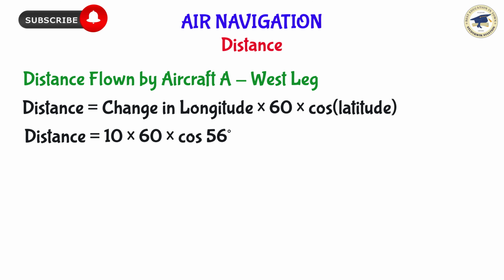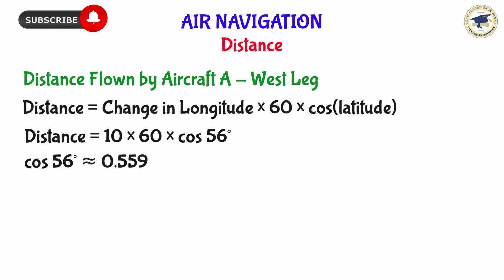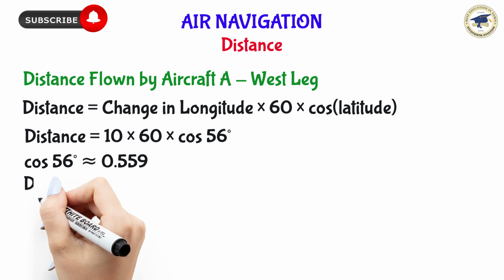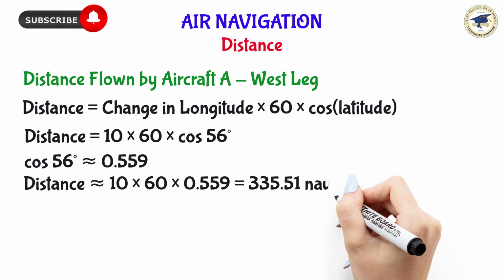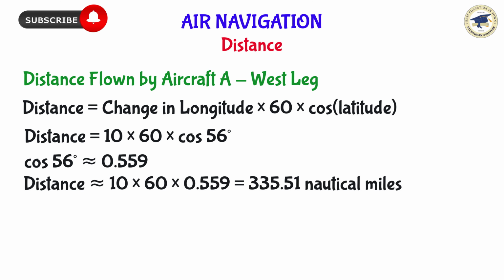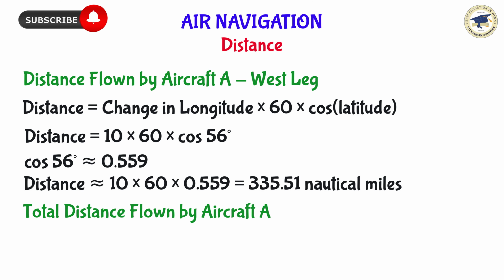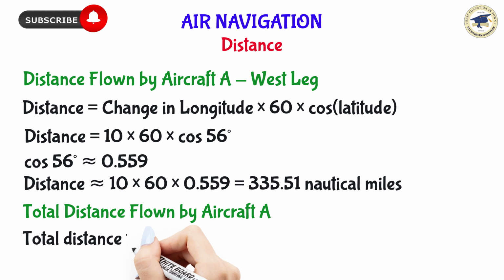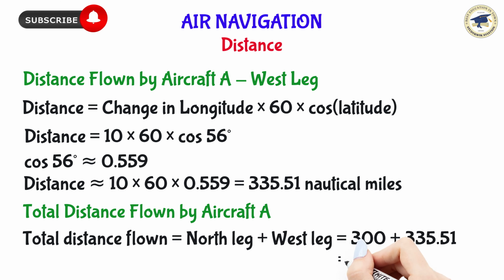The cosine of 56 degrees is approximately 0.559. So, the distance is roughly 10 times 60 times 0.559, which equals 335.51 nautical miles. Adding this to the north leg distance of 300 nautical miles, the total distance flown by aircraft A is 635.51 nautical miles.